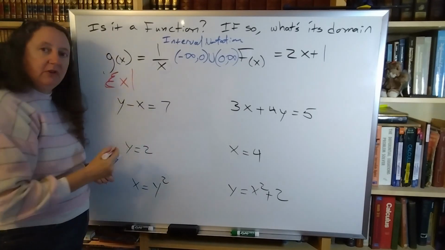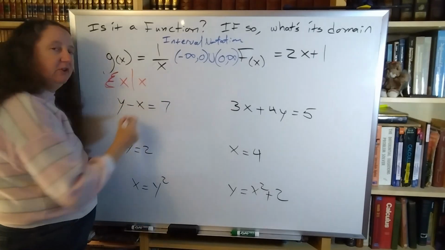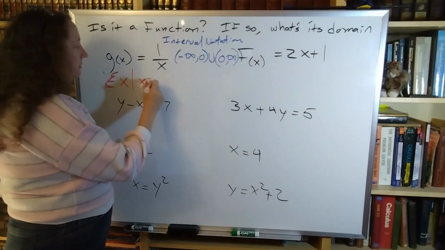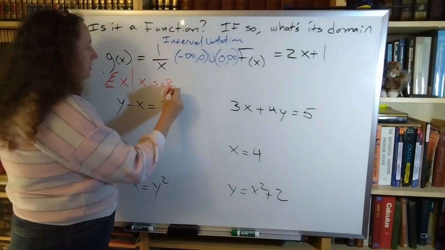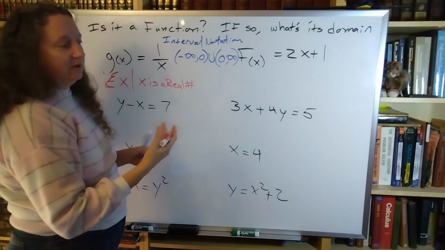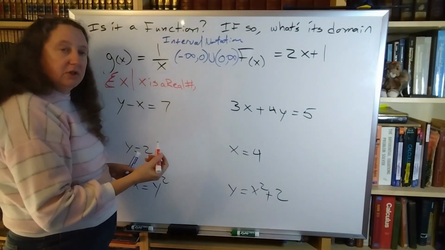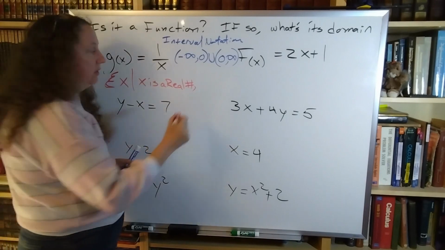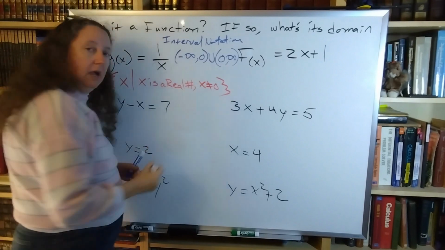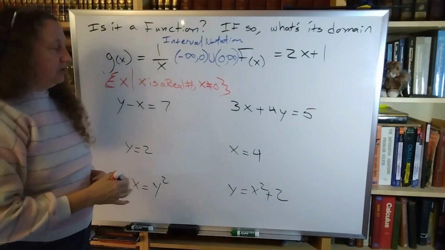Then we have the bar saying that there are conditions involved here. Then we have to state what those conditions are. x has to be a real number. I am going to use an abbreviation here and there. There's another condition, and that is x cannot be 0. Those are the only conditions that I have, so I close my set notation.